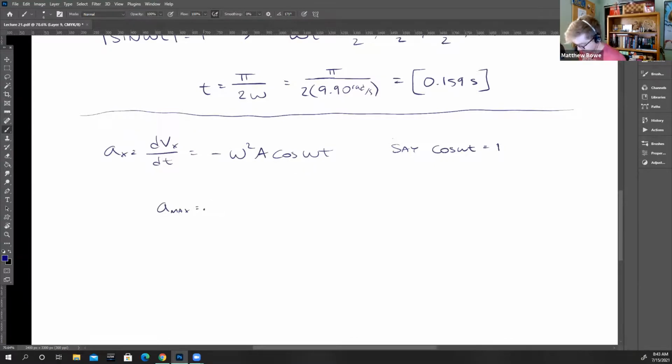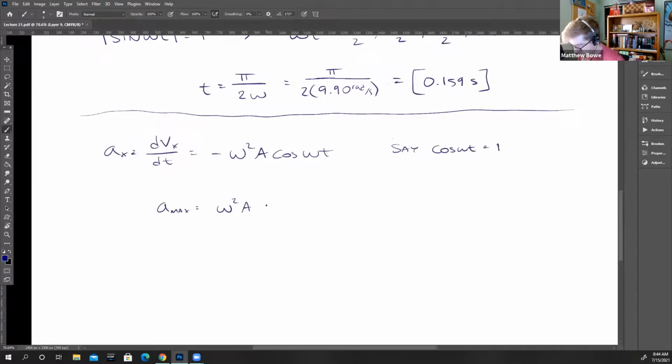A max is omega squared A. And since this is a harmonic oscillator, it's going to be oscillating back and forth, so it doesn't quite matter what the direction is. It just said maximum acceleration. It can be negative or positive. At this specific point, I'm just taking an absolute value.